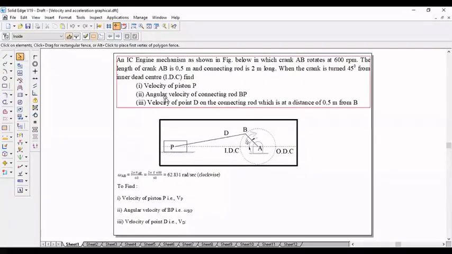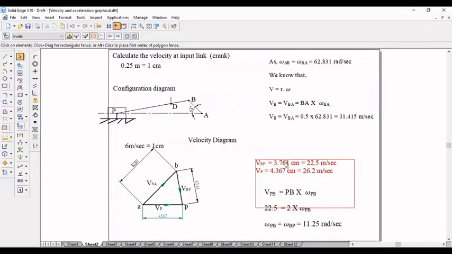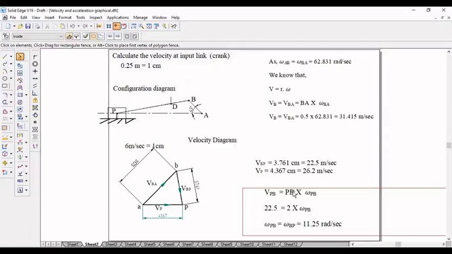The second one is angular velocity of connecting rod they asked. It is not the velocity they asked for, it is angular velocity. But in this case, I have got the velocity of connecting rod. So what is the angular velocity? Again, the linear velocity is equal to r into omega. R is nothing but the length of the corresponding line. So in this, I am finding out for the connecting rod. So R is nothing but length of connecting rod, that is PB into omega.